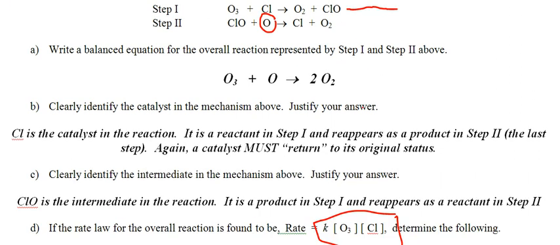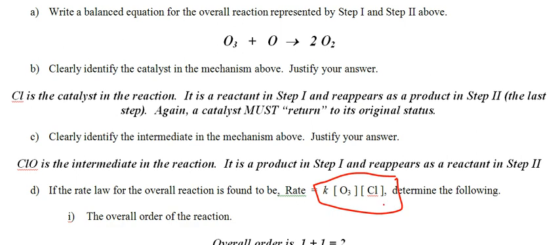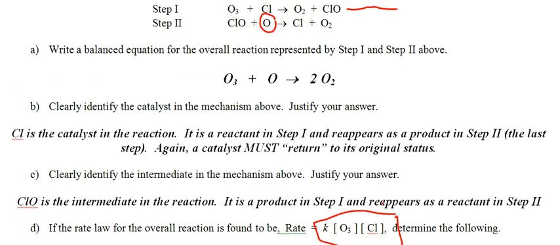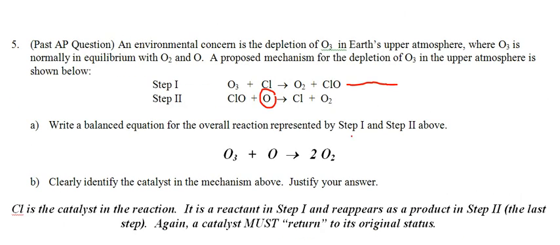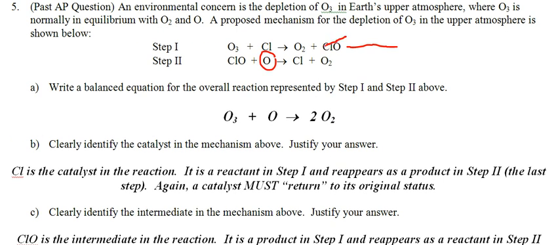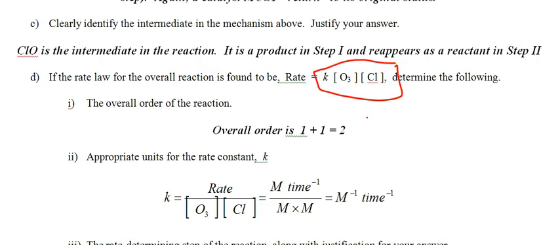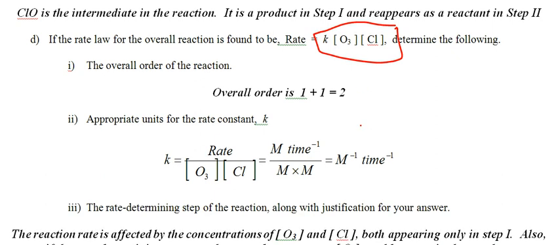If the rate law included oxygen, the atom, at a first order, because again, we're not going to include the ClO since it's an intermediate, because we want to include all the reactants up to and including the slow step minus the intermediates. Since the oxygen atom does not appear in the rate law, the first step must be the rate determining step.